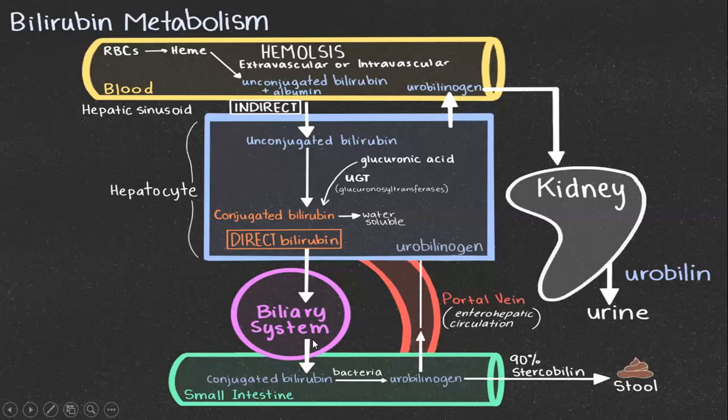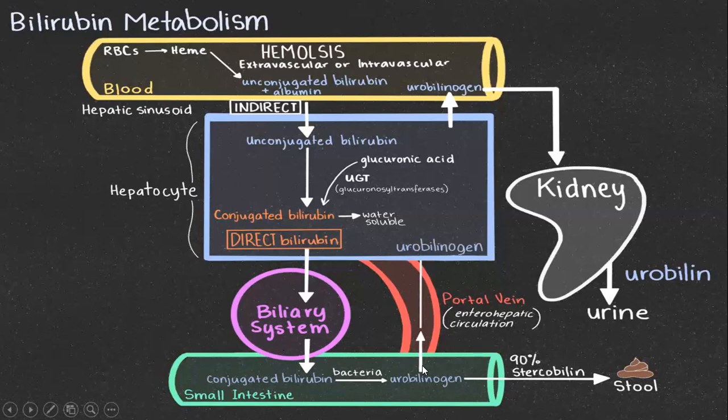Now, some of these components of the direct bilirubin are actually transported into the small intestine, and by the resident flora or bacteria in the small intestine is converted into urobilinogen and excreted out in the stool as stercobilin.